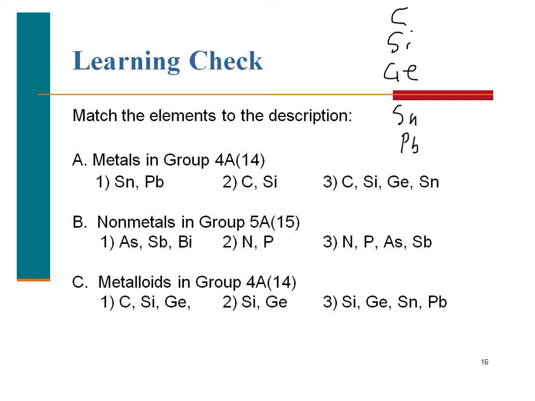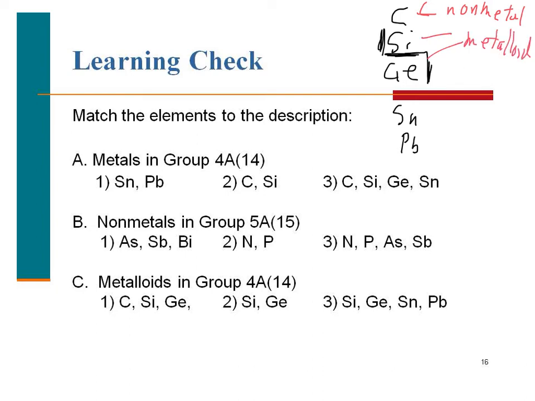But your staircase step line goes like that, huh? So that means you've got carbon as a nonmetal in group 4A.